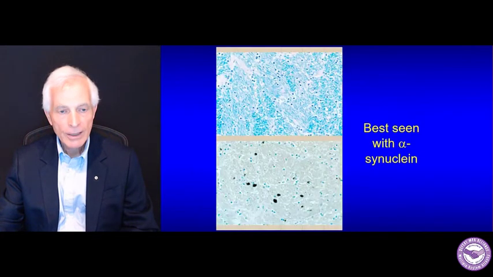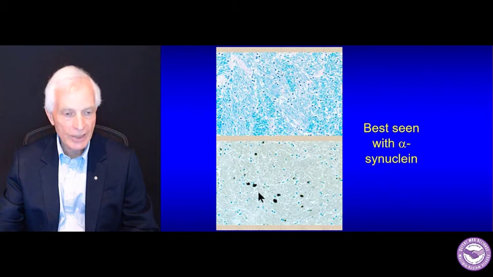So if we stain for alpha-synuclein, remember that important protein, the oligodendroglial cell and the inclusions in these cells are stained very strongly for the protein alpha-synuclein, allowing us to see these far more readily.